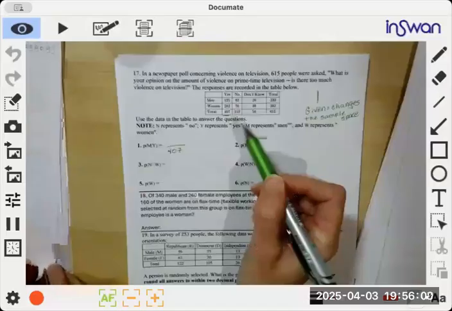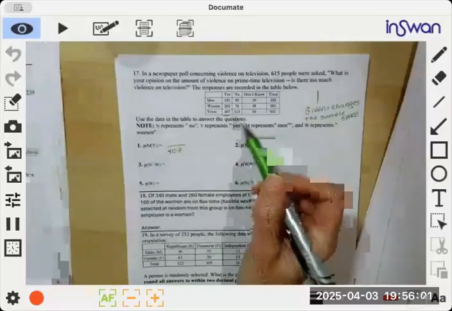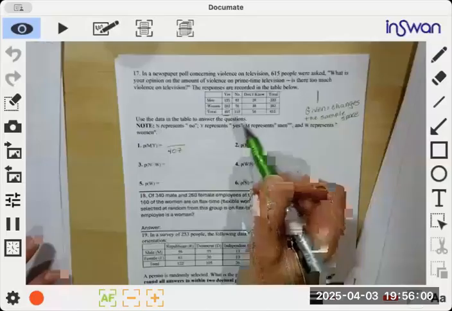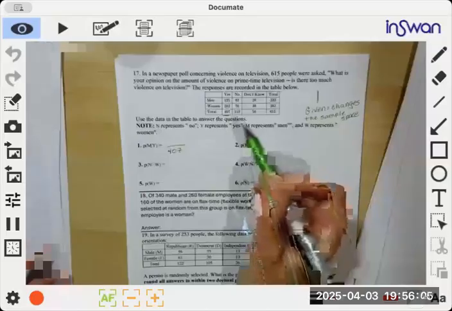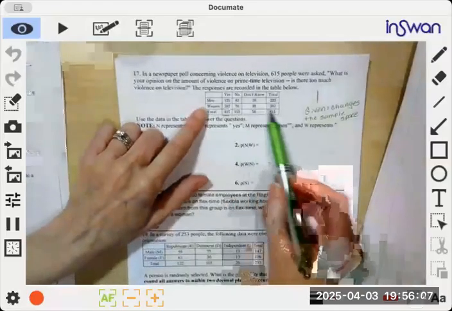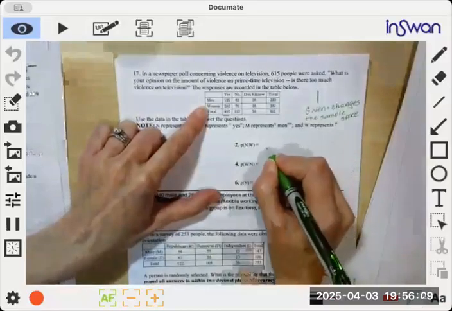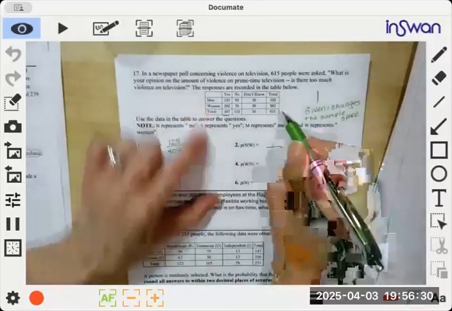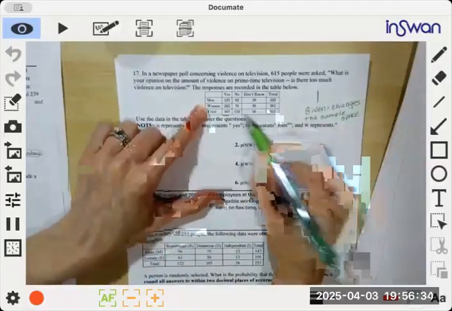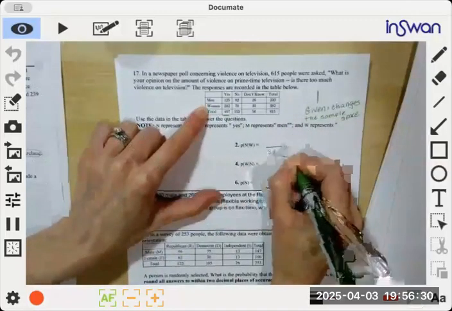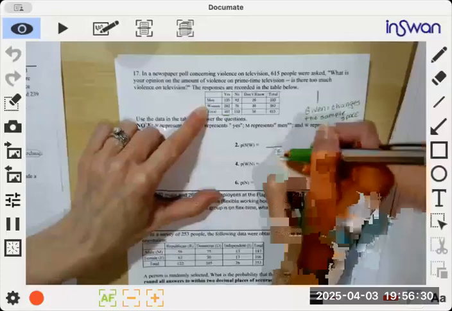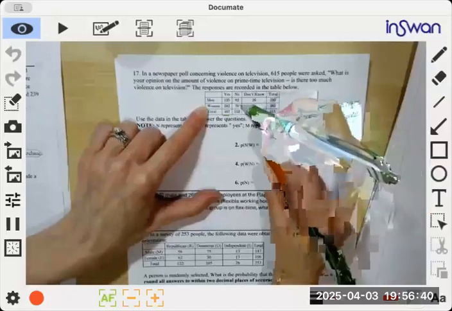Okay. All right. So now 2 is telling us that we're using the W's. So that would be women. So our denominator is the women, 382. And of those women, how many of them said no?